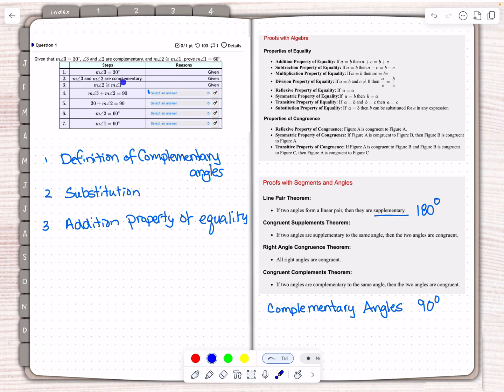And we can do that because we're told that these are equal, or congruent, right here: the measure of angle 2 and the measure of angle 1. So we've just substituted this right here, because they are equal. So we are going to call that the transitive property of equality. Okay, so that is transitive property of equality. 1, 2, 3, and 4.